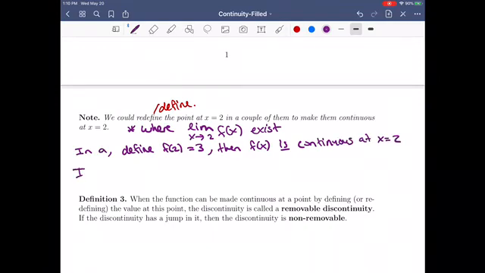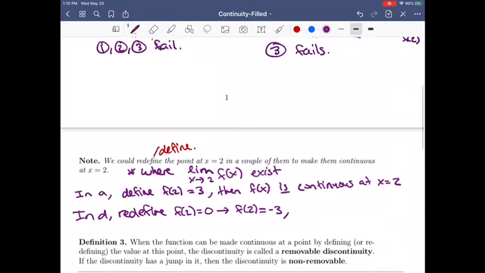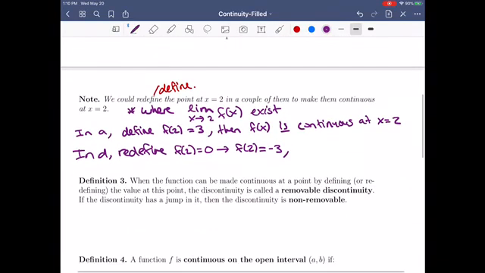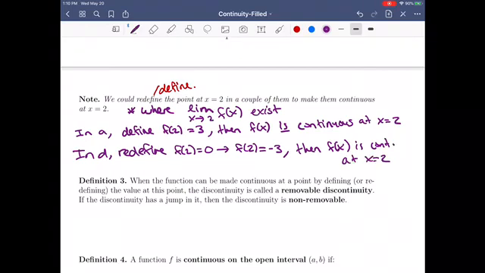And in D, we could redefine. It does have a point, so f of 2 was 0, but we should redefine it to be -3. So what I want to do is just grab this point and move it here so it plugs that hole. Then f of x would be continuous at x equals 2. So those are sort of easy-ish fixes.